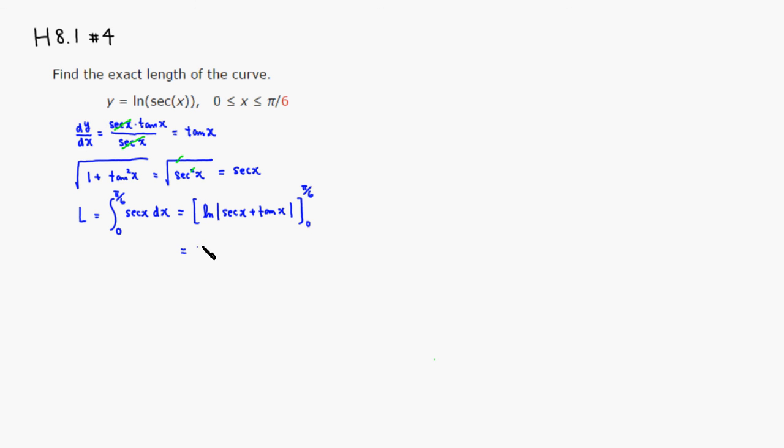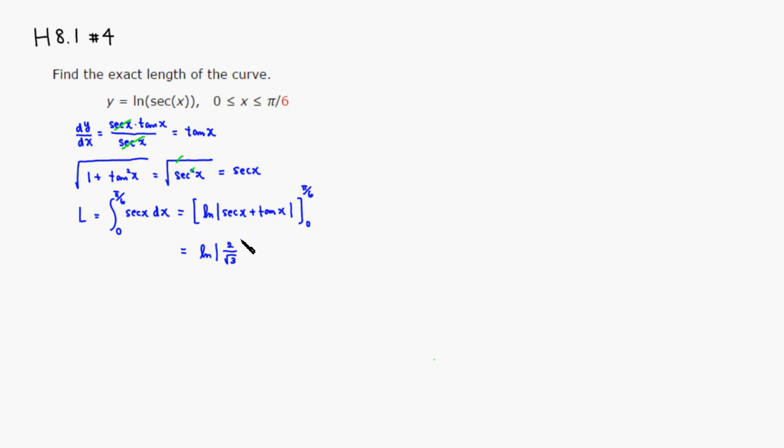All right, pi over 6, so you have the natural log of the absolute value of secant of pi over 6. So we have to think, let's see, cosine of pi over 6 would be square root of 3 over 2, and the reciprocal would be 2 over square root of 3, right?